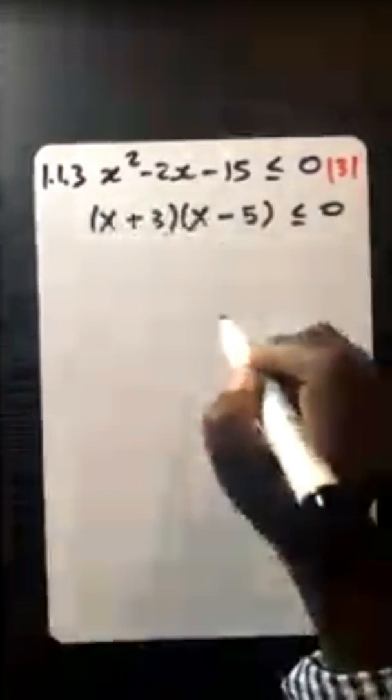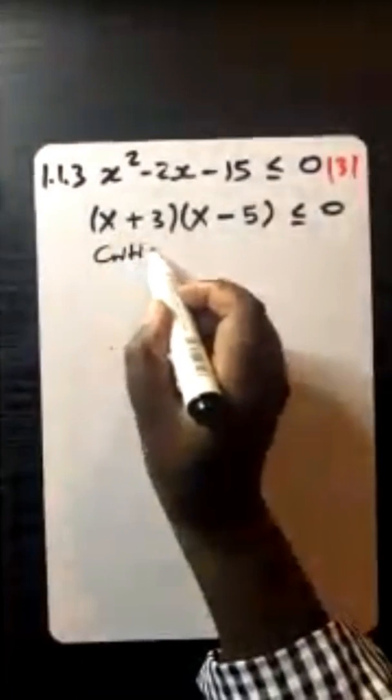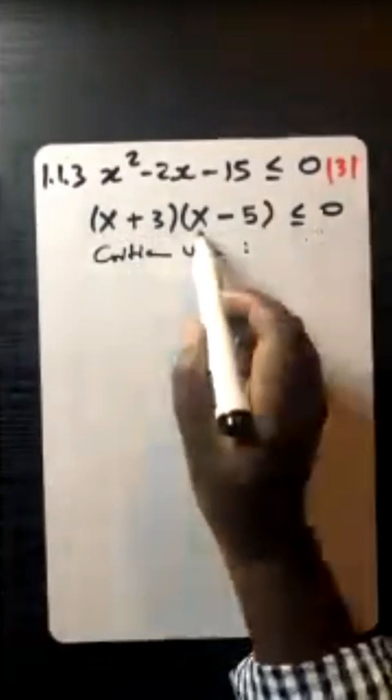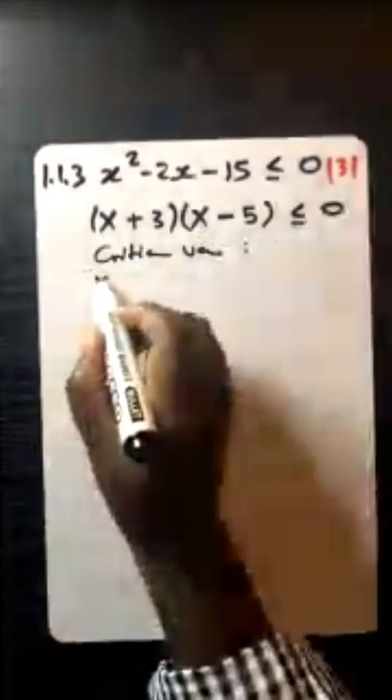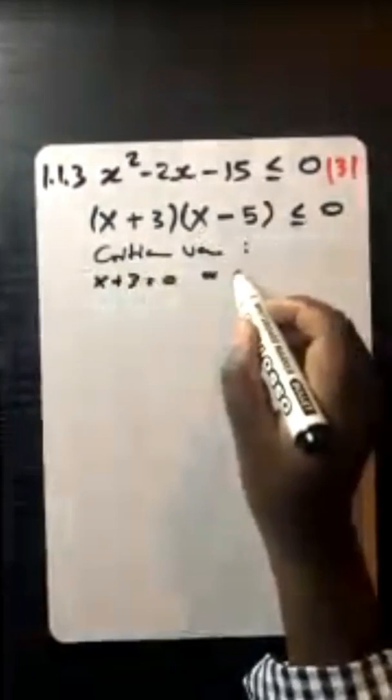So once you get to this stage, that's when you need to find what we call critical values. How do you represent critical values? You equate that to 0, which means x plus 3 equals 0, or x minus 5 equals 0.